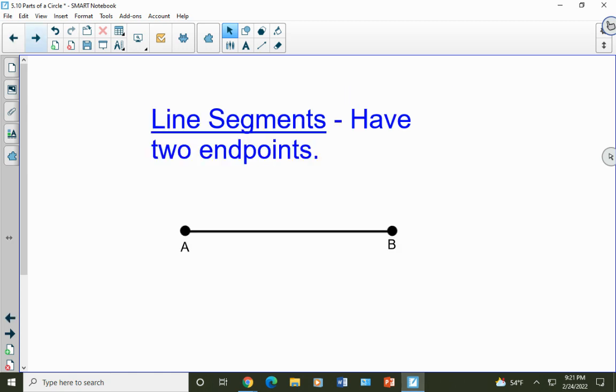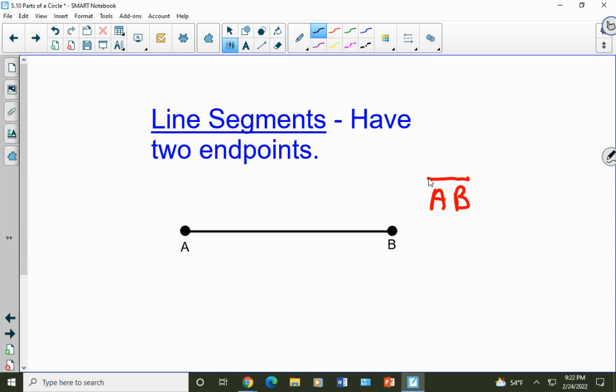All right, first of all, let's review what a line segment is. A line segment is a line with 2 points that end. You can see that A is an endpoint and B is an endpoint. Now, how do we write a line segment? On paper, if we were saying line segment AB, for instance, line segments are written with a line over them and then the 2 points that are the endpoints.